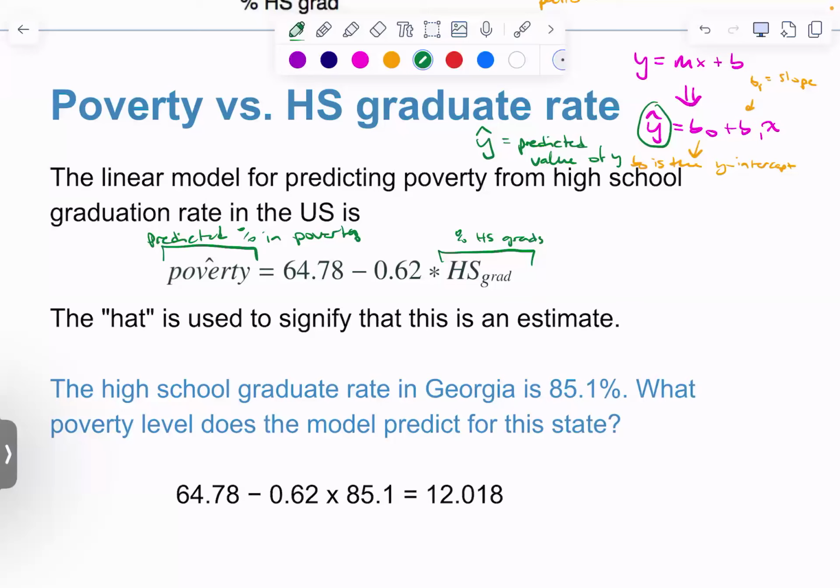So the hat is used to signify that this is an estimate, or prediction.